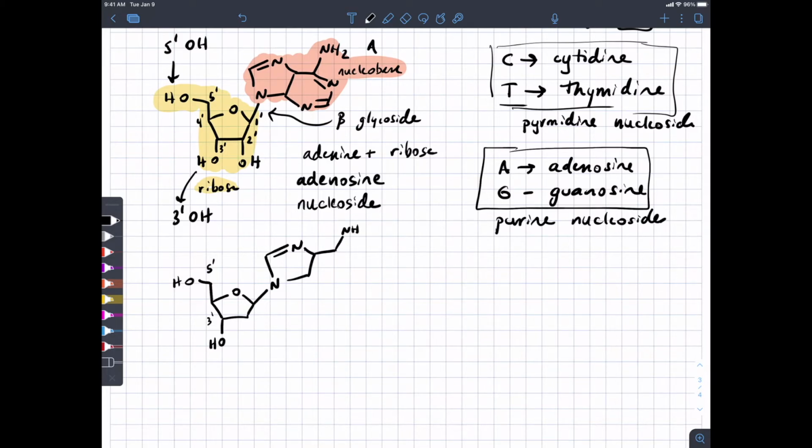So I'm going to draw the same adenine nucleobase, but this sugar is now 2-deoxyribose. Okay, and the absence of that OH group actually plays a major role in the stability of DNA versus RNA.